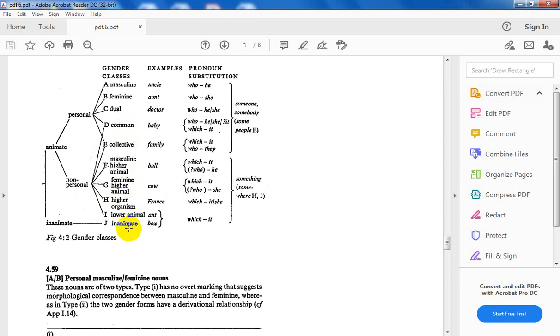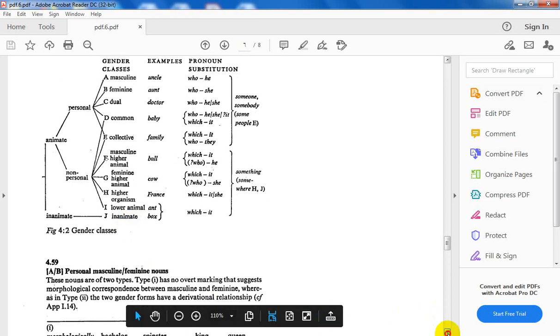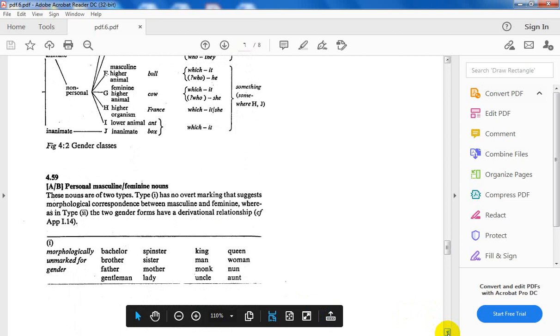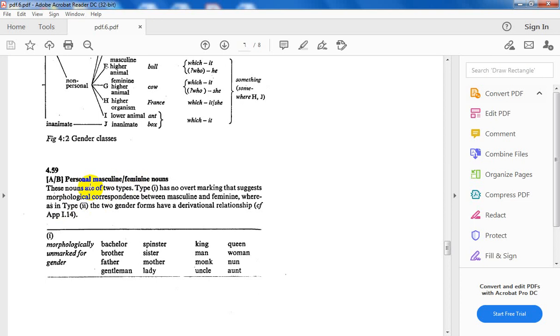This is the general case. I do not explain or present the diagram deeply because each class of gender will be classified in more detail in these sections. The first one is personal masculine and feminine, concerning the masculine and feminine of humans.